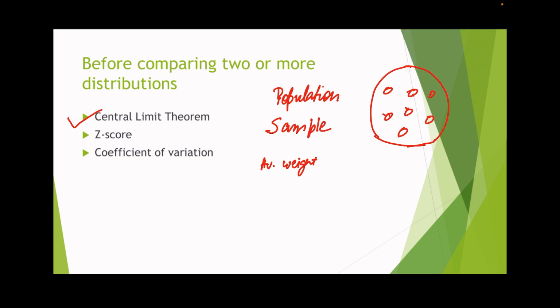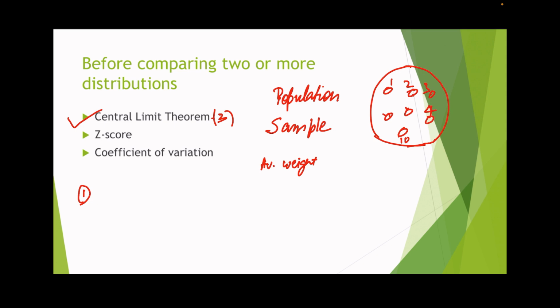There are basically three important tenets of central limit theorem. The first principle says that for each of these samples, for example, say suppose we have 10 samples, 1, 2, 3, 4, likewise we have 10 samples, and in each sample we have a number of observations.